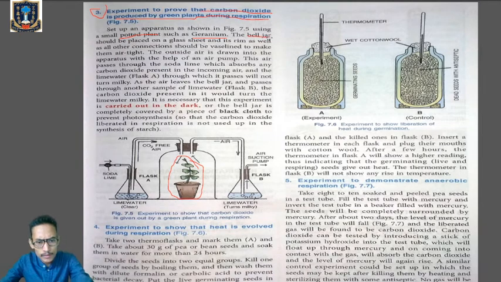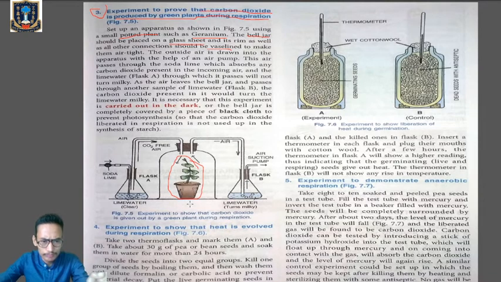The entire apparatus has to be placed on a glass sheet. All the rims should be airtight so that air cannot enter the experimental setup, and this is done with the help of Vaseline. We have to use Vaseline to make it airtight.